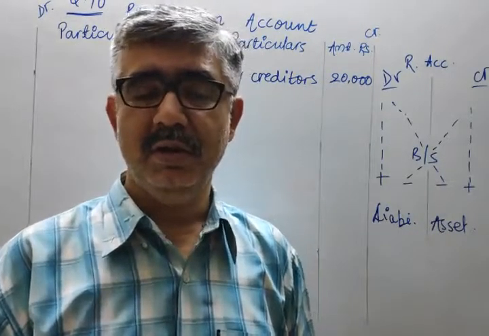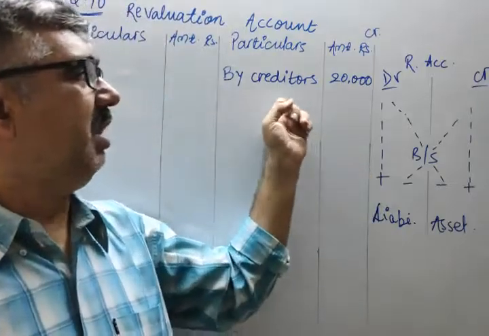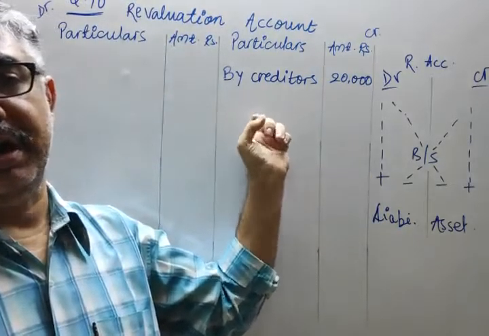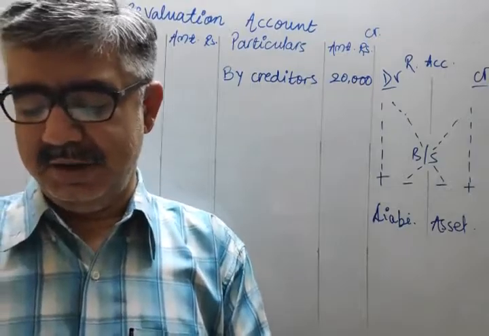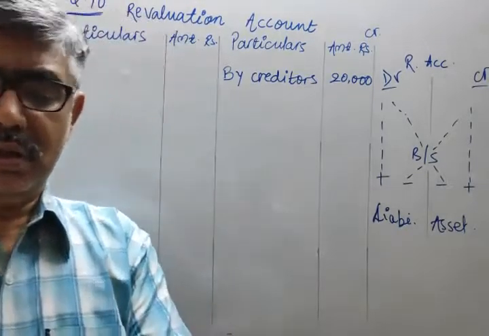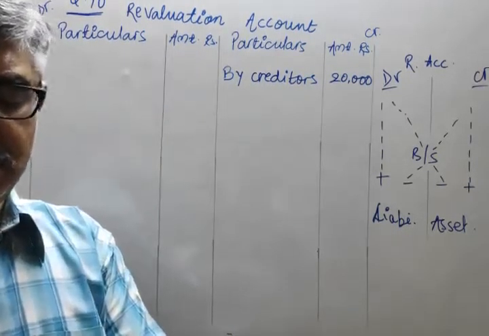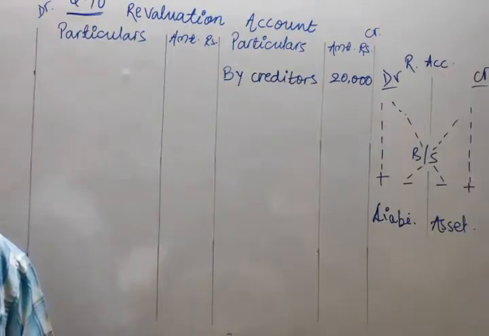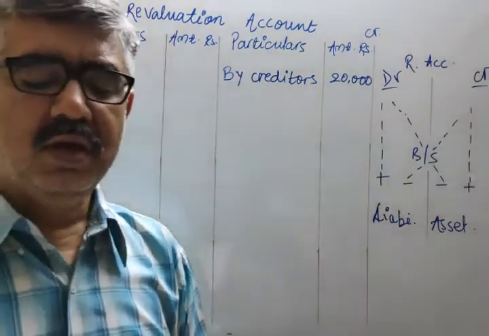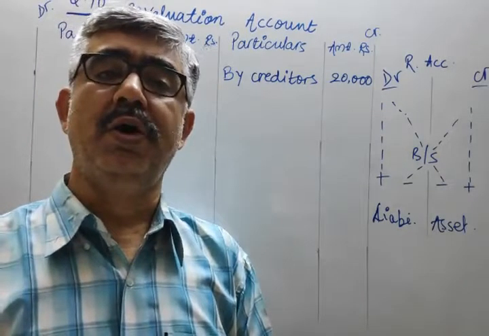Very, very simple. It's your benefit. Benefit always on credit side. Here, on the liability side, one more adjustment, outstanding expense. Here they said 3,000 for outstanding expenses are not recorded in books.